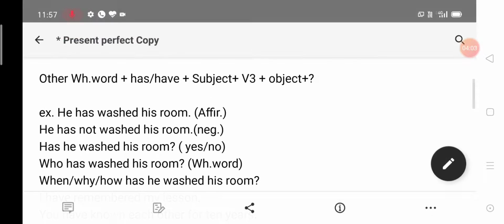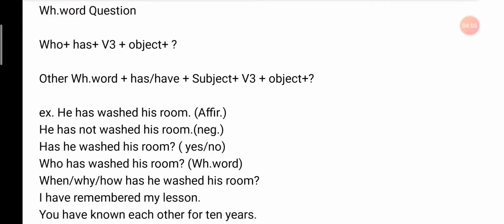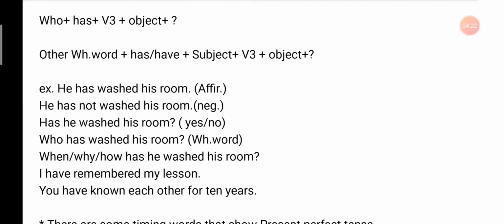If the question is with who, we will write who plus has plus V3 plus object. I have already discussed that who is a singular subject, so it always takes a singular verb. That's why who is followed by has, not have, plus V3 plus object, with a question mark.